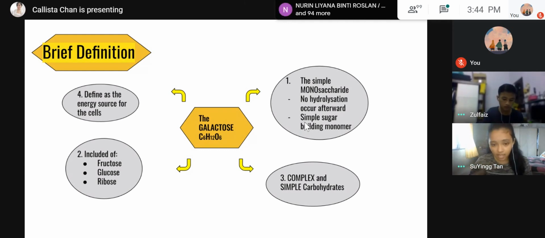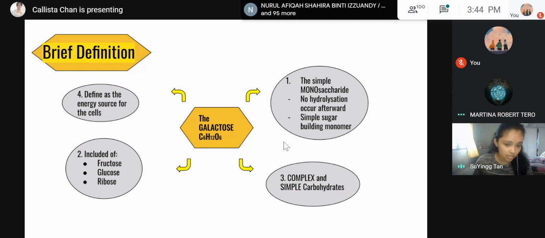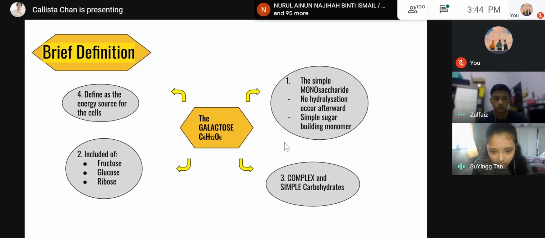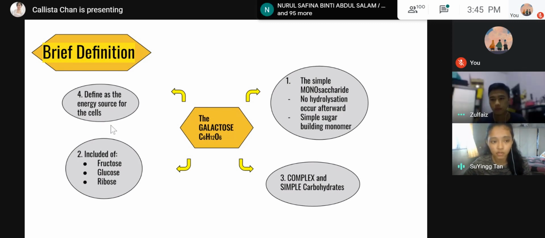It is also a monomer to build a polysaccharide or disaccharide, and it is an energy source for respiration. That's the definition.